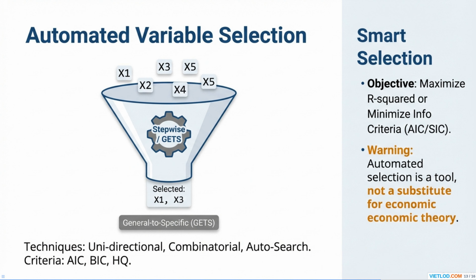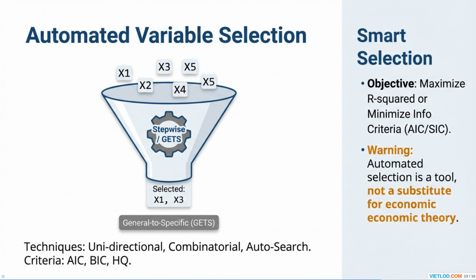When you have a large number of potential explanatory variables, automated selection methods become incredibly useful for constructing a parsimonious model. One prominent approach is the general to specific, or GETS, methodology. These algorithms aim to optimize the model either by maximizing a measure of fit, such as the adjusted R-squared, or by minimizing information criteria, like the Akaike, AIC, Schwartz, SIC, or Hannan-Quinn, HQ criteria.